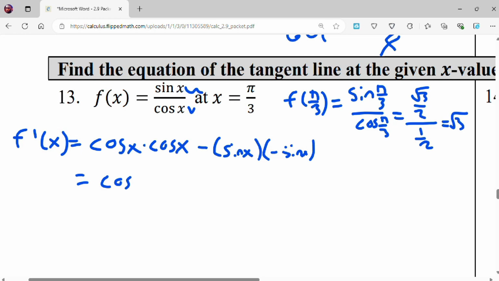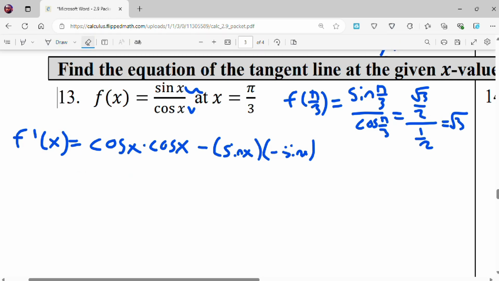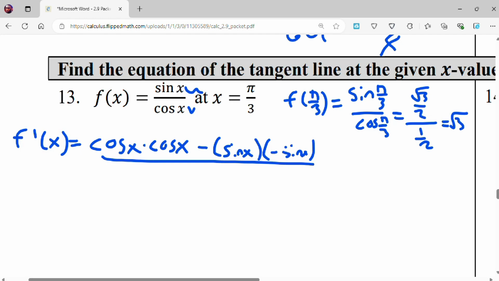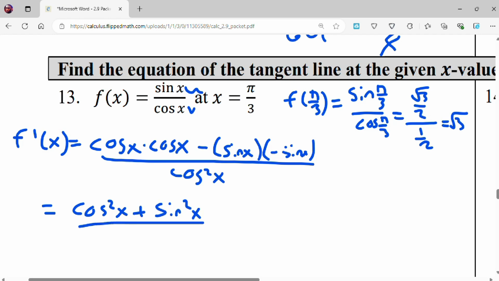Oh, before I do that, let me not forget to do over v squared. So over cosine x squared equals cosine squared of x plus sine squared x over cosine squared x.